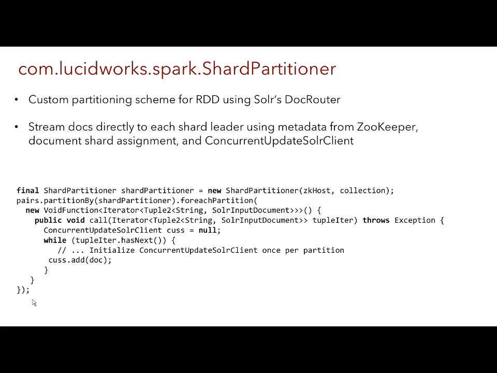And that ends up allowing us to use some built-in efficiencies in Solr, such as the concurrent update Solr client, which is a streaming technique, and it's extremely fast to index into Solr that way. So we provide some tools like this for really optimizing the performance of the indexing through Spark.